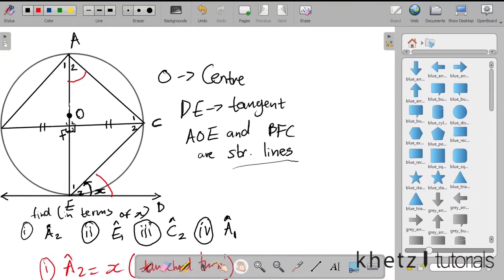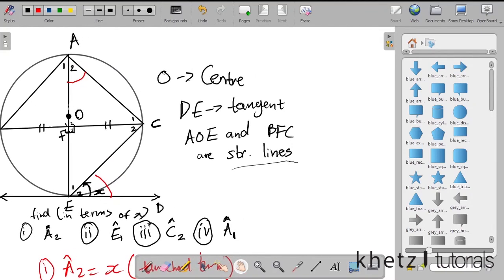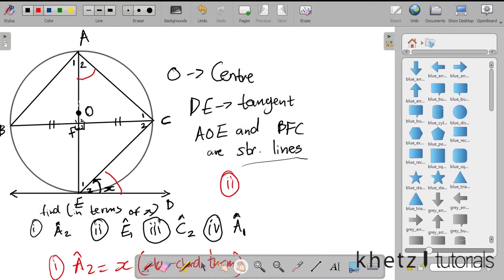Now moving on to the second one, so let's just write it up here so we can see the diagram as we work. You can write it somewhere here. So E1, where is E1? E1 is basically the one which is right next to X. It's over there. So now we are told that O is the center, and we have a line that passes from the center down to the tangent.